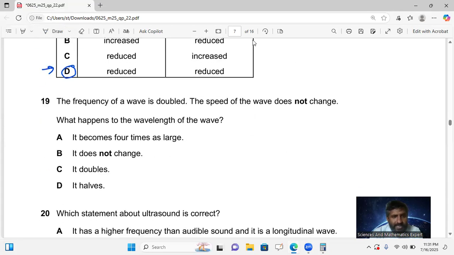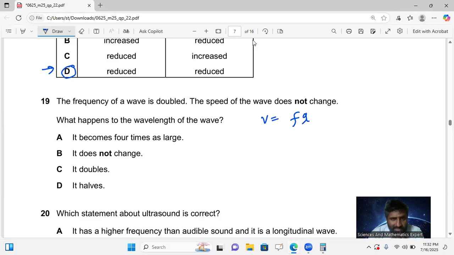After that, number 19, he is saying the frequency of the wave is doubled. The period of the wave does not change. The speed of the wave does not change. What happens to the wavelength of the wave? So V is equal to F lambda relationship. If I go for that, then I can say here V is equal to F lambda and V is constant.